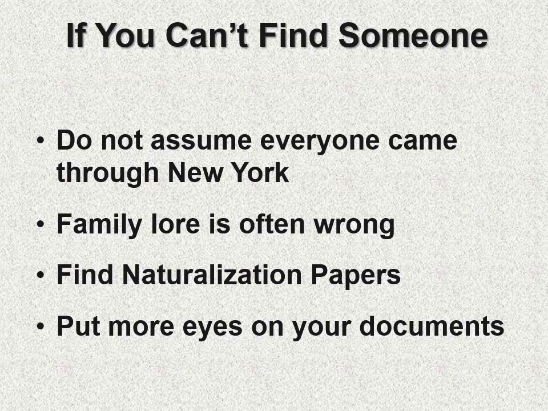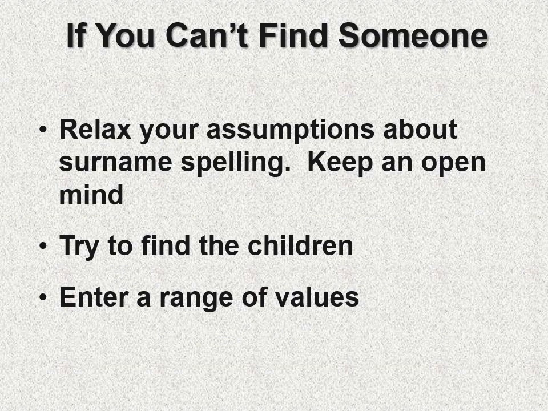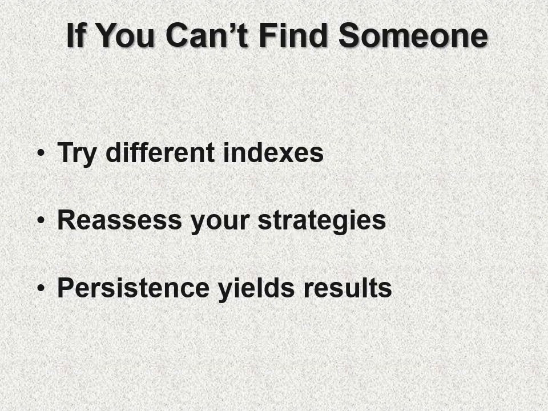Put more eyes on your documents. Relax your assumptions about surname spelling. Keep an open mind. Try to find the children. Enter a range of values. Children's ages are often more accurate than the adults'. Try different indexes. Reassess your strategies.